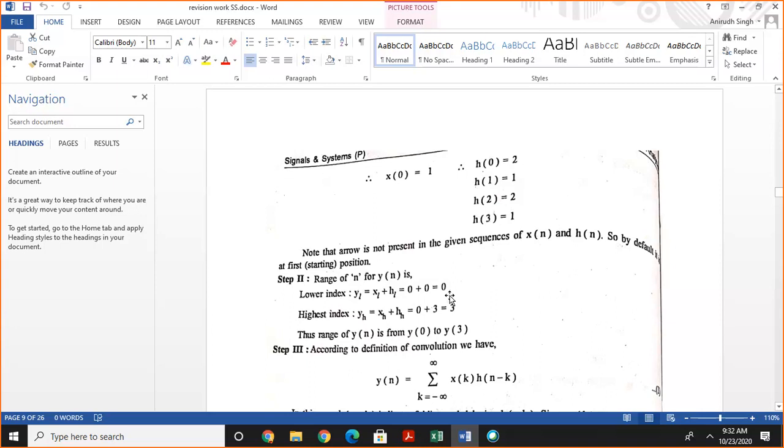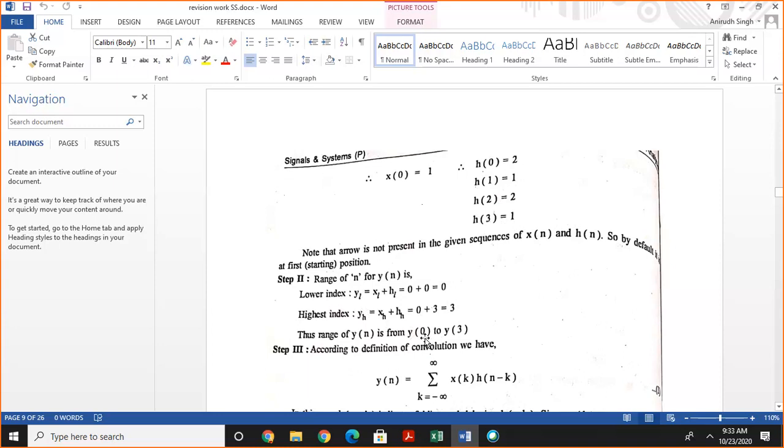Compute the linear convolution of the following: x of n is 1, and h of n is 2, 1, 2, 1. First we write the values of x of 0, x1 and h of 0, h1, h2 and h3. Then the next step is to find the range of n.